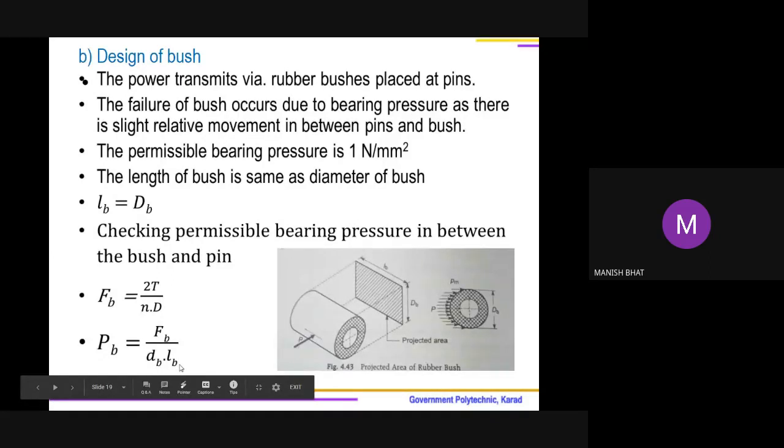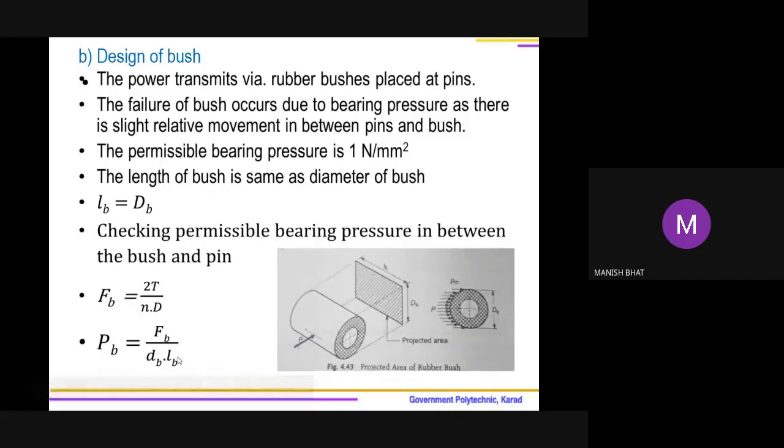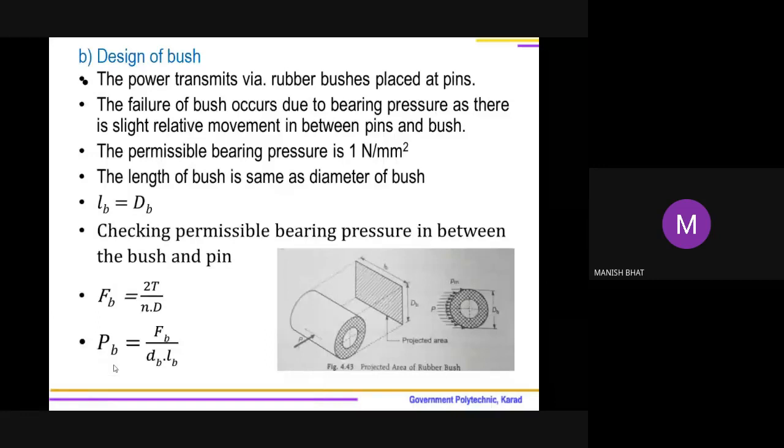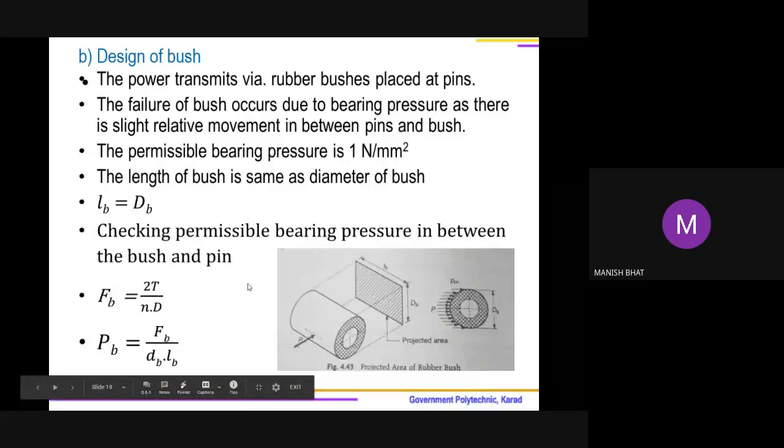Area will be dB multiplied by LB. So bearing pressure is equal to FB upon dB into LB. We are supposed to verify that the bearing pressure is within the permissible limit, right? LB is equal to dB, and dB we have already empirically selected, right?